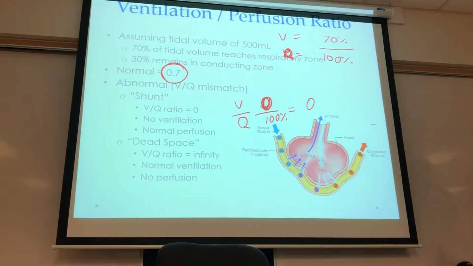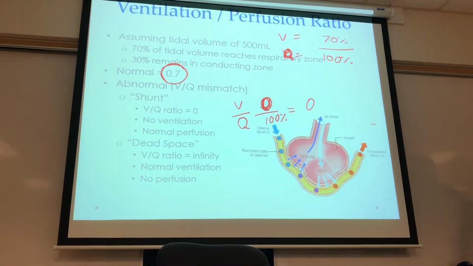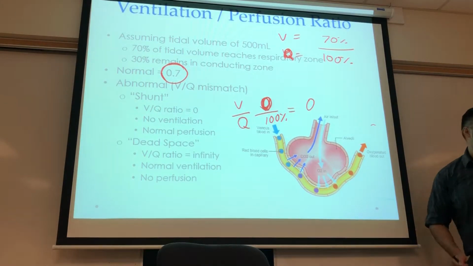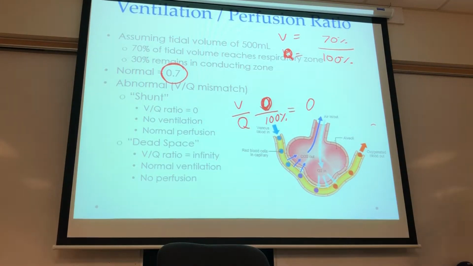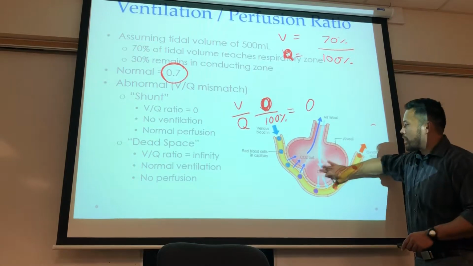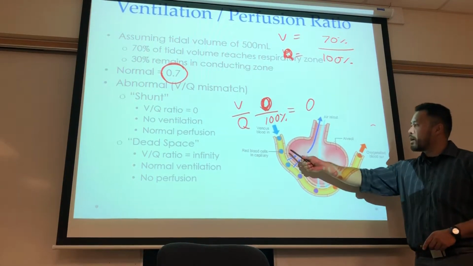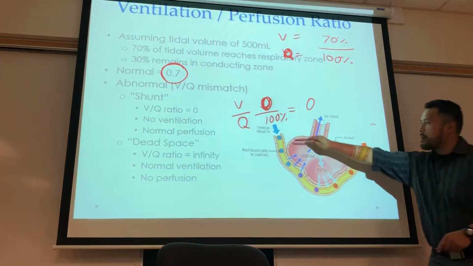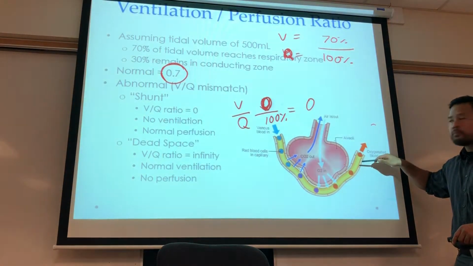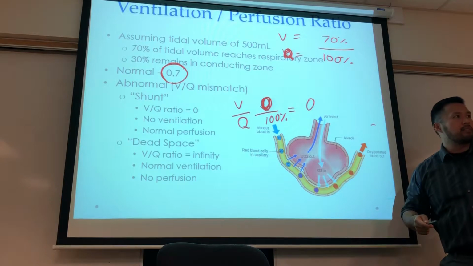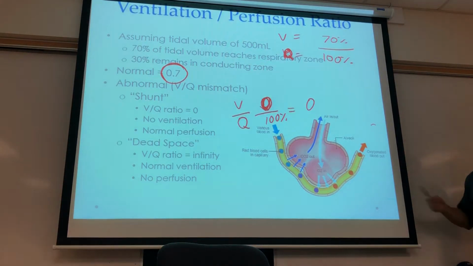What we name this is called shunt. And the shunting of this is where the alveoli are filled, or we're not allowing normal ventilation. Typically what we would need to happen at this point is to redirect that blood flow to areas that are well ventilated. And I've got a couple slides that will talk about that.